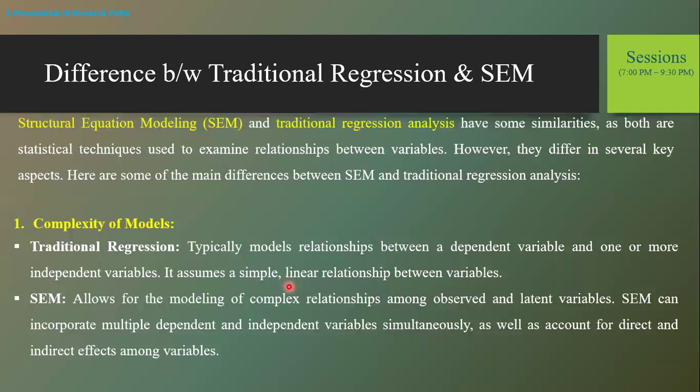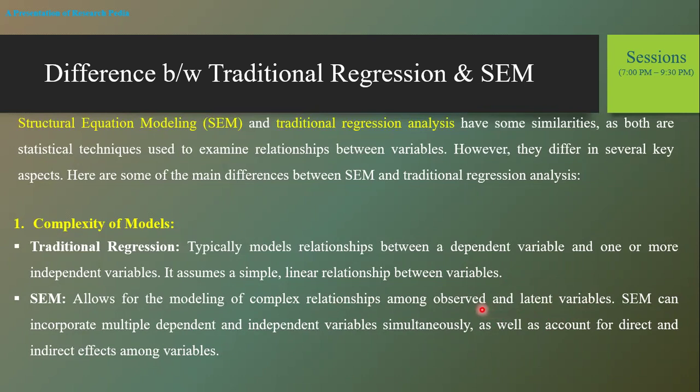It assumes a simple linear relationship between variables, whereas SEM allows for the modeling of complex relationships. So what do we mean by complex relationship? It means we are considering observed and latent variables rather than, or in addition to, dependent and independent variables.